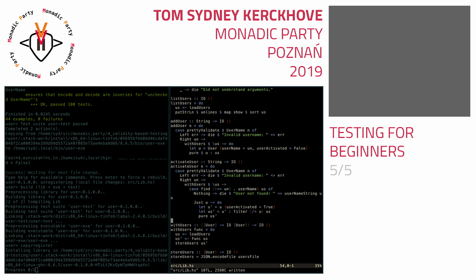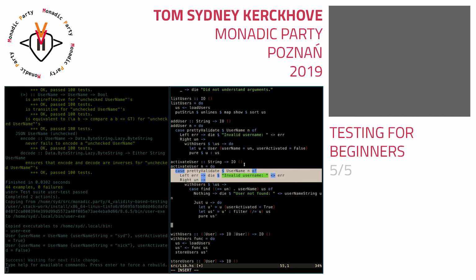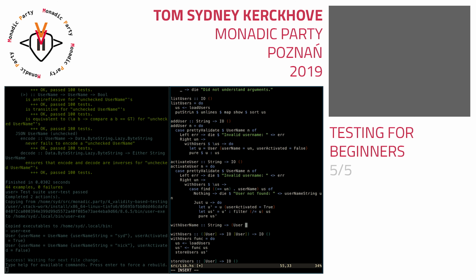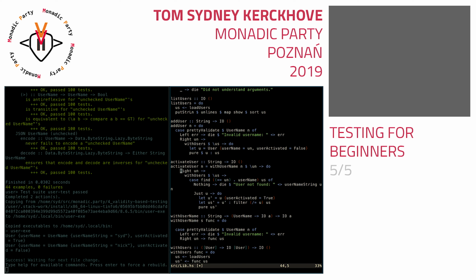Now, the other piece is this nastiness where you validate the username. So what you can do is with username, string to username dot IOA. You give it a string that's supposed to be a username and a function that you run if it is a username, and then instead of that you do func us, and now you do here with username un, like so.